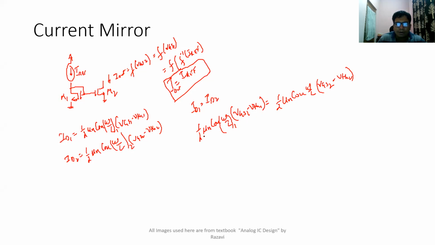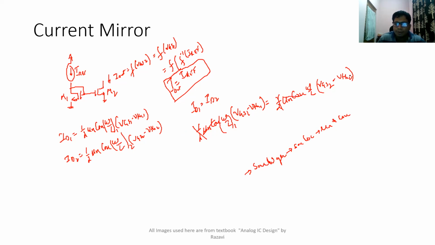Let us say they are manufactured on the same wafer. First of all, they should be on the same wafer, and at almost the same location. Then you will have mu n the same and COX the same. Once mu n and COX are the same, and 1 by 2 is anyway the same, you can cancel them out.